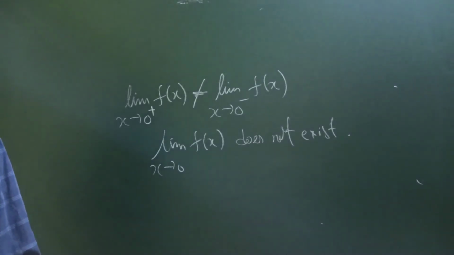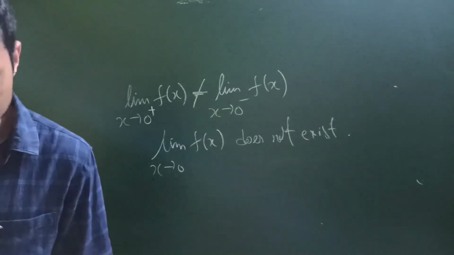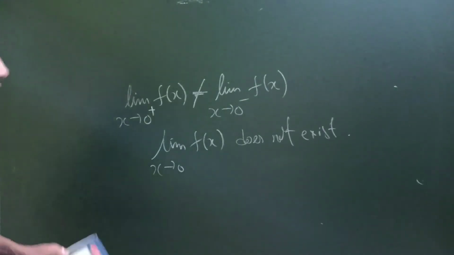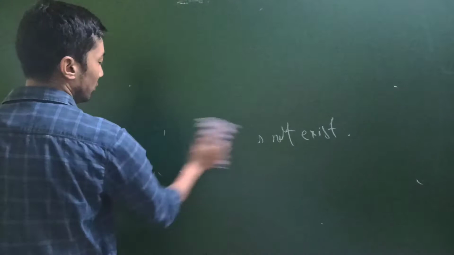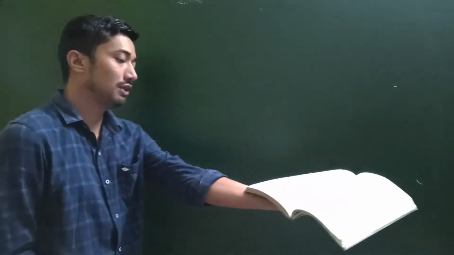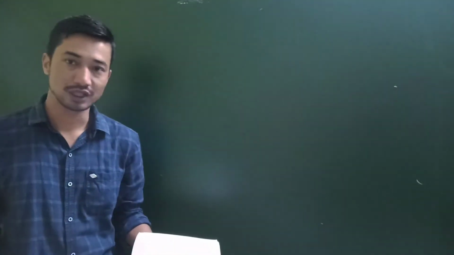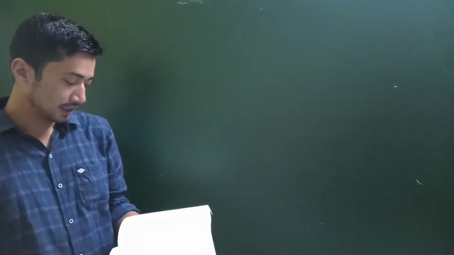So next, maybe we can try 29. That's an interesting question. Let's see what we have there with 29. I hope you have your textbook there, so let me not write that big question for all of us. Question 29 says, let a1, a2, a3 up to an be fixed real numbers. They are just constant numbers. And define a function.